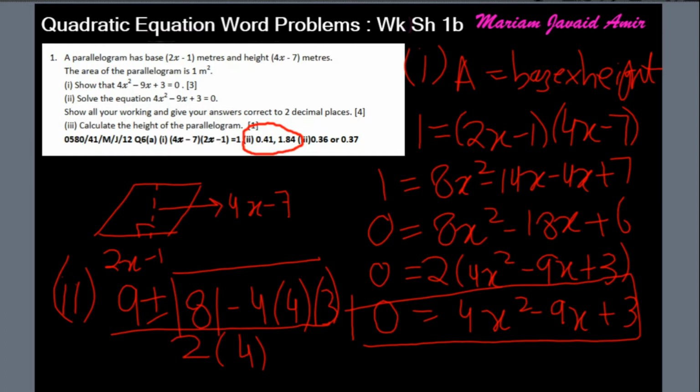81 plus 4 times 3 is 129. So 9 plus minus under root 129 over 8. So 9 plus under root 129 over 8 gives us, sorry I made a mistake here, it's not 129, it's 33.